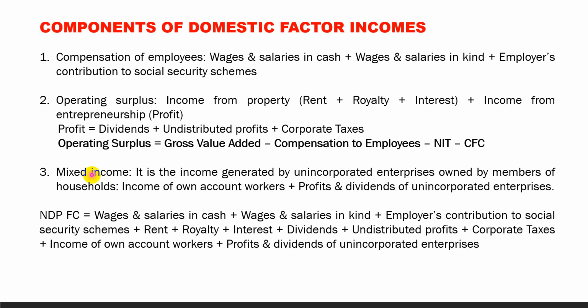A self-employed person provides his labor as well as his property in his work. It becomes very difficult to segregate wage income and non-wage income from his total earnings. Thus, his total earnings are a mixture of income from work and income from property and entrepreneurship.